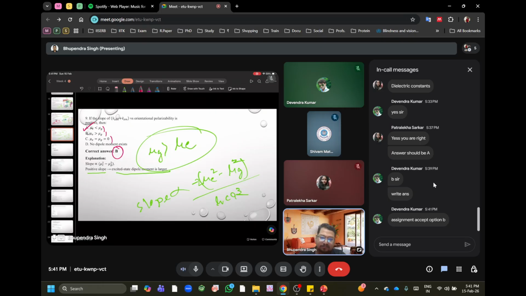Because the answer in the online portal can be whatever. The TA or the instructor may have made a mistake or anything, but they have given option B to the software. They have updated it as the correct option B. So if they have given option B as the correct option, then they will accept this.